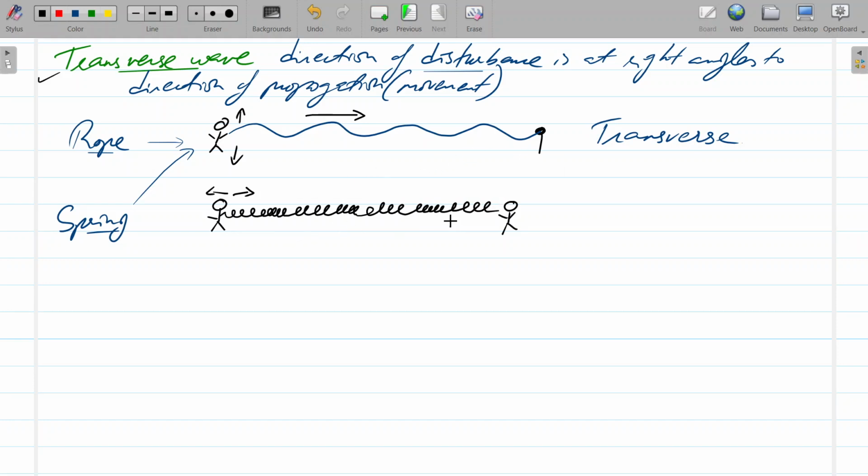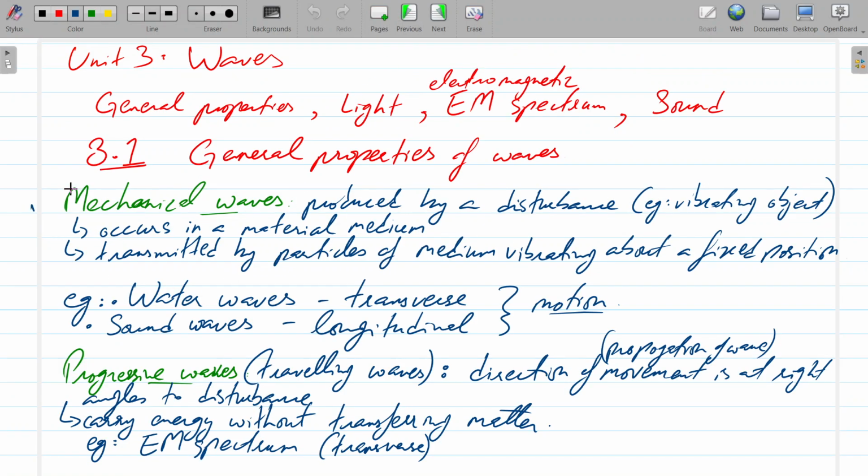So hopefully I've made it clear: you have this area where it's stretched, and perhaps this area where it's compact, compressed. And in this case, this is called a longitudinal wave. And this is also a mechanical wave.